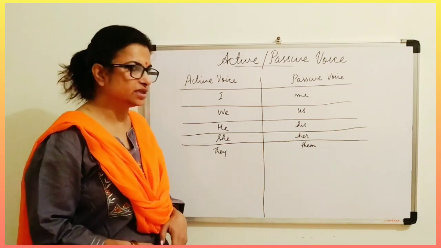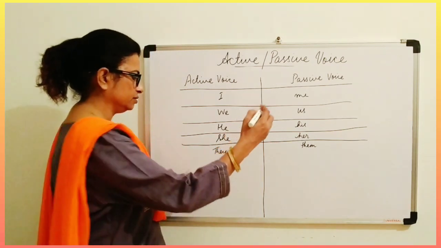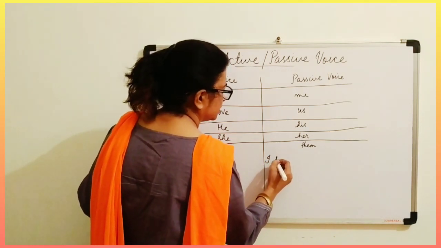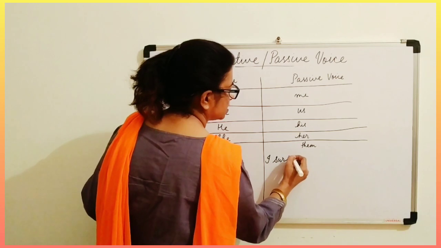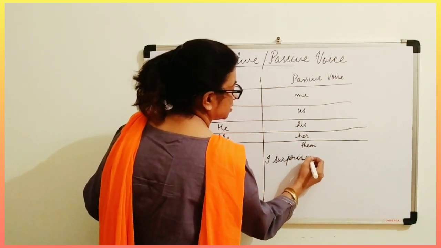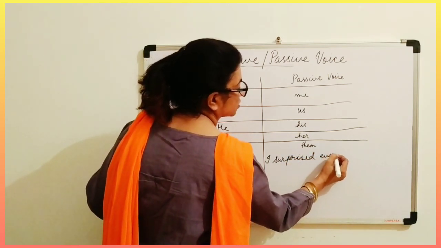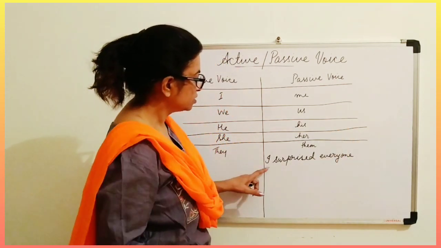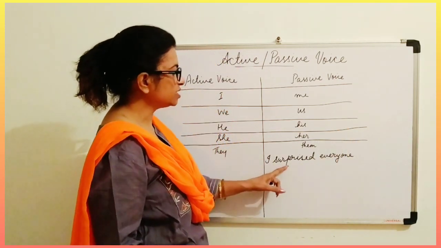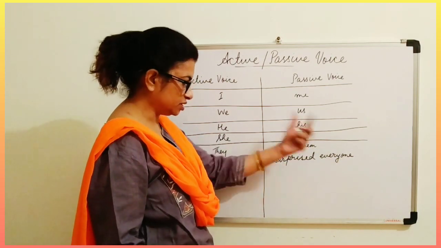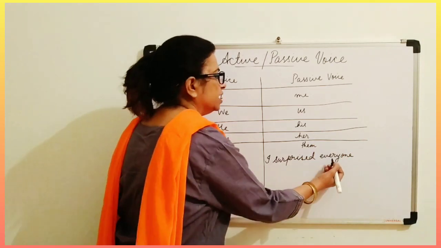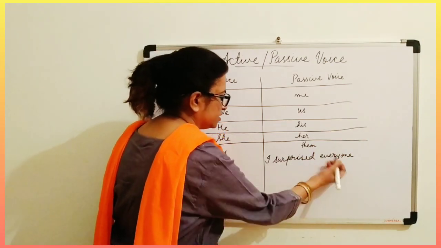For example, let us take a sentence: I surprised everyone. Okay, so I am using this: I surprised everyone. Now if I am changing it into passive voice, how will I change? I'll change this. Take it here.